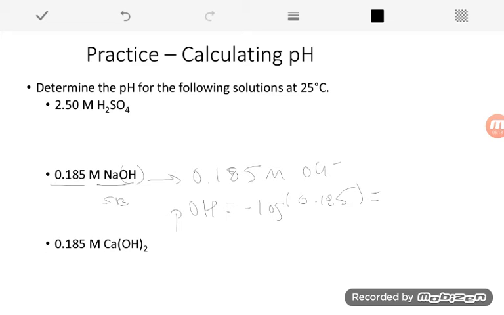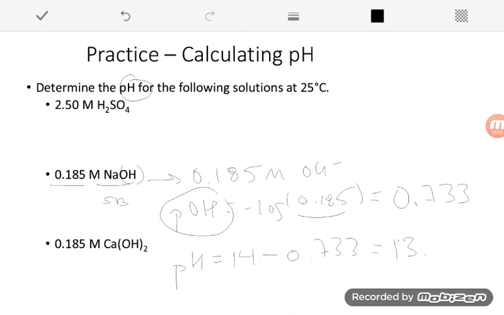We calculate the negative log of 0.185, and with 3 sig figs we need 3 decimal places, so 0.733. Now I can't stop here. This is the pOH, and it asks for the pH, but really simple. pH is just going to be 14 minus 0.733, which is 13.267. So easy. So I get my pH right there.